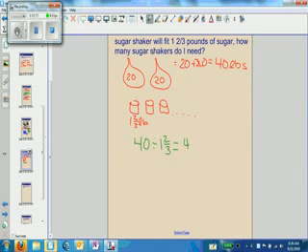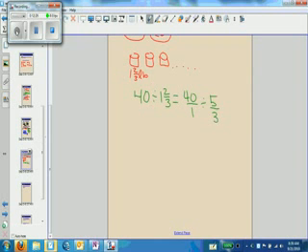shakers we need. And we do need to change these to improper fractions because with division and multiplication, we can only work with fractions, no mixed numbers. And then we work from there with copy, change, reciprocal.